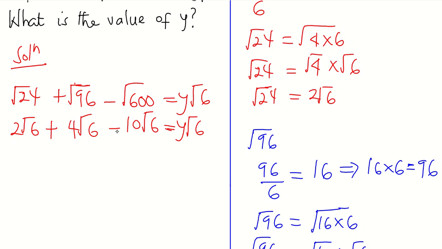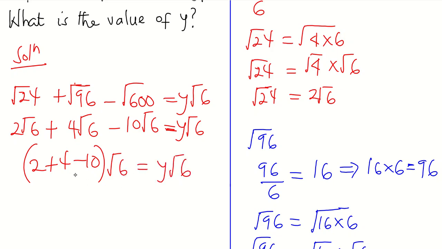Now, at this point, you can see that they all have a common radical sign, so we can add their coefficients. That is 2 plus 4 minus 10, times square root of 6, giving us y square root of 6. Now 2 plus 4 minus 10 is going to give us minus 4, and we bring our square root of 6.